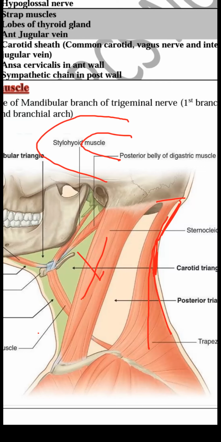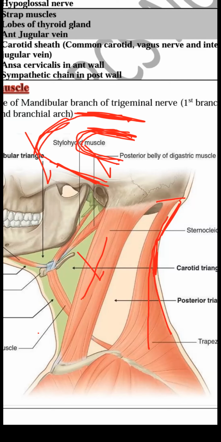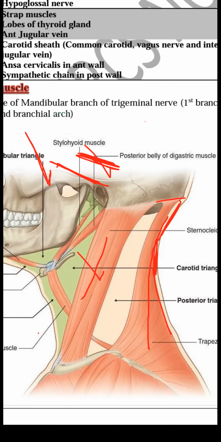I said before, origin of deltoid: lateral clavicle, acromion, then lateral spine. While insertion of this trapezius is impressed by the origin of the deltoid. So here, from the inner surface of lateral 1/3 of the clavicle, inner surface of acromion, and superior surface of the spine. So here, origin of deltoid is related to the insertion of the trapezius.